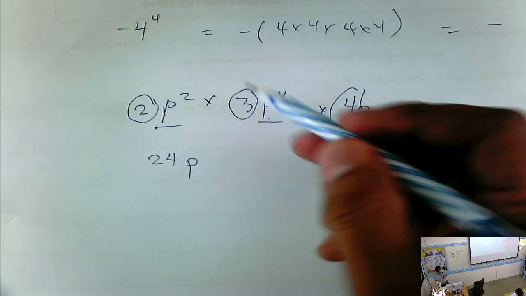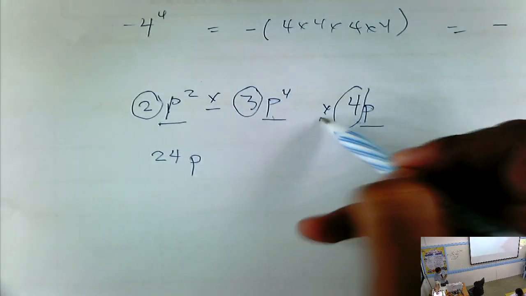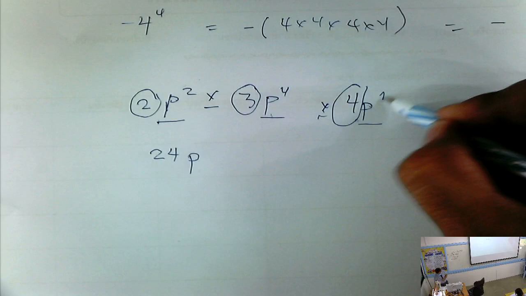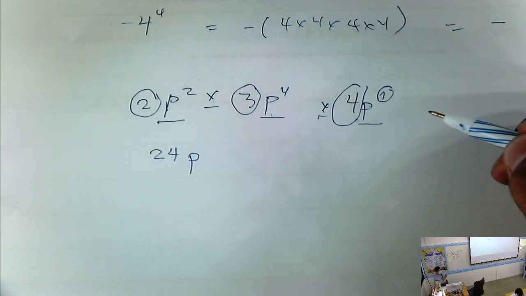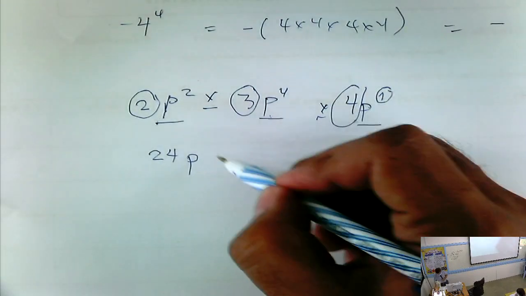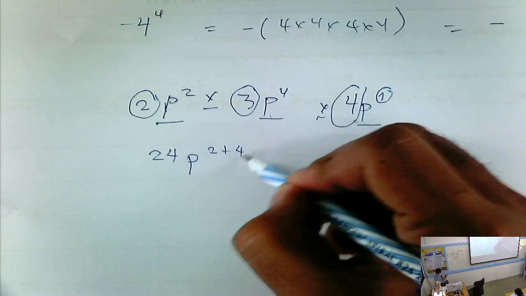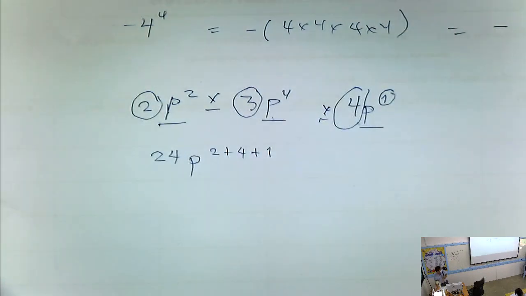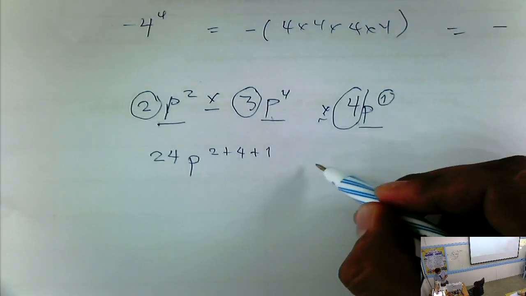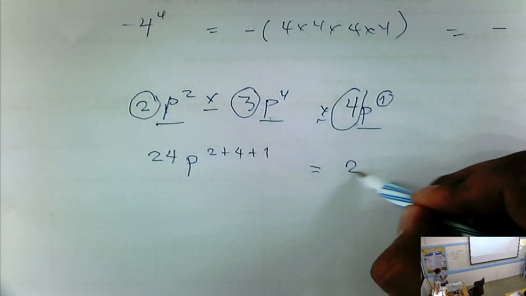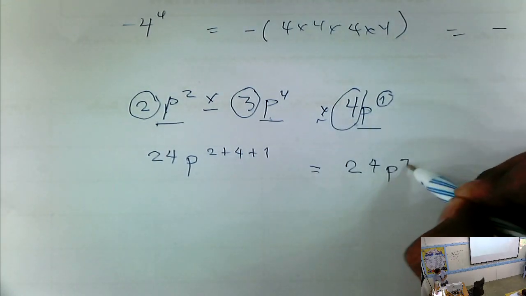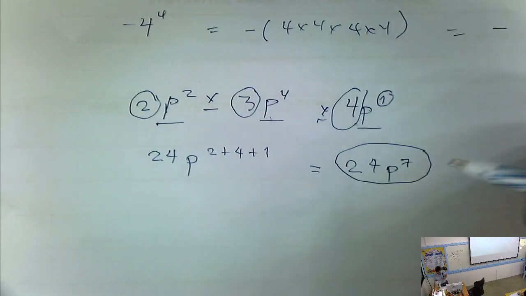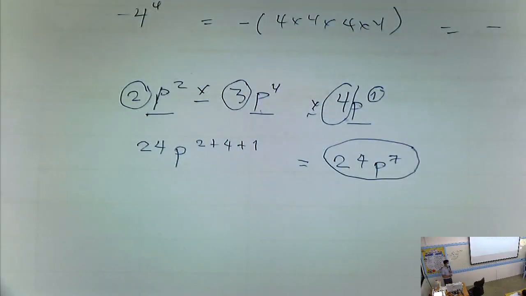Since we are multiplying these exponential numbers, you are going to add the exponents. And p has power of 1. So that would be 2 plus 4 plus 1. And so, the answer will be 24p to the power of 7. That would be the answer for 2p to the power of 2 times 3p to the power of 4 times 4p.